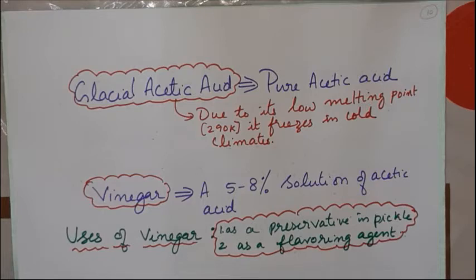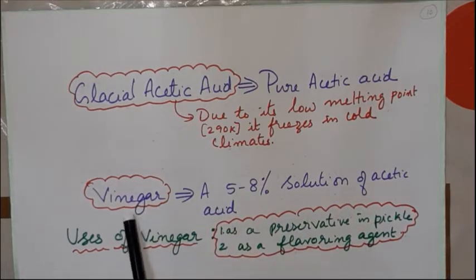You have also learnt that acetic acid is highly soluble in water, and that the dilute form, that is a 5 to 8% solution of acetic acid in water, is what we call vinegar. The dilute form of acetic acid is called vinegar. A lot of uses are there for vinegar.